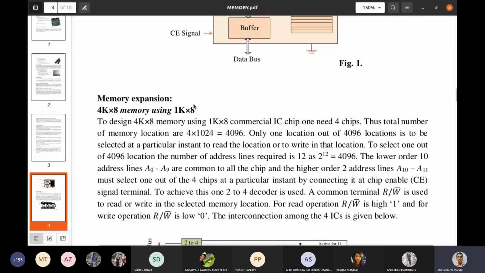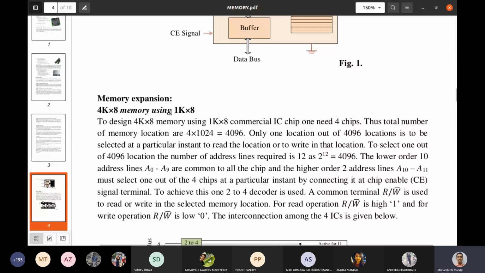Now our purpose is, in some particular application, we need more memory. We need expansion of memory. So we need a 4K into 8 memory. So the different locations will be 4K and the bit length will be 8-bit. To produce 4K memory, we need at least 4 of the commercially available 1K into 8 ICs.